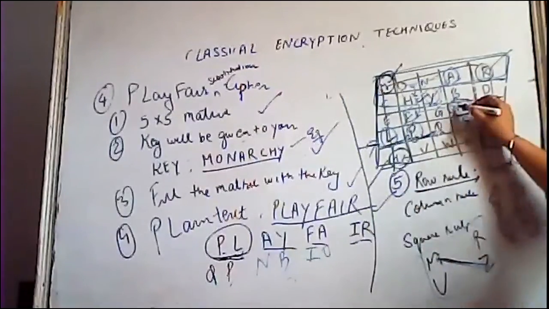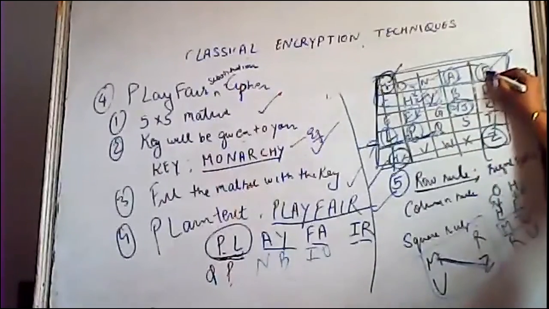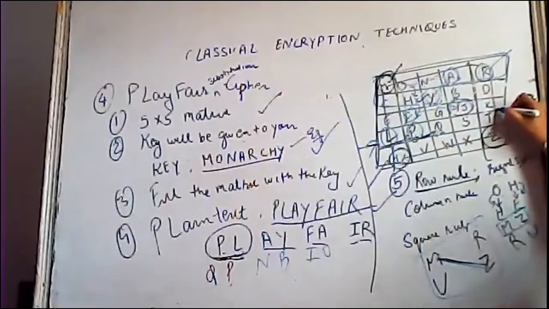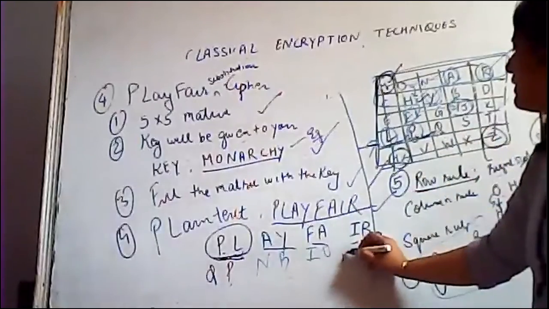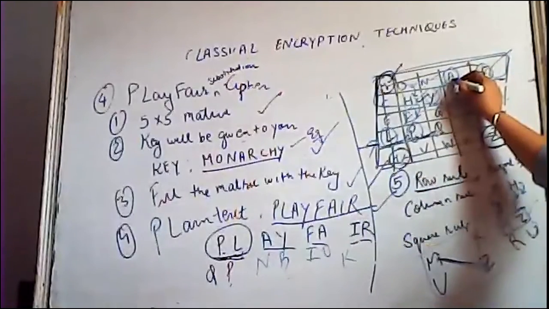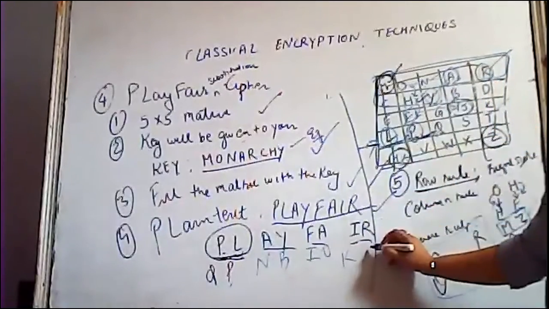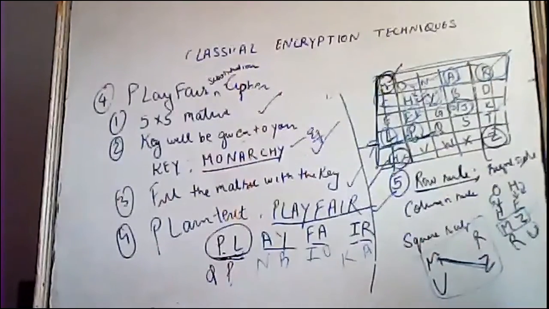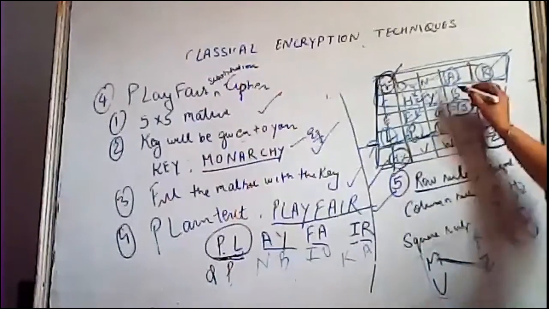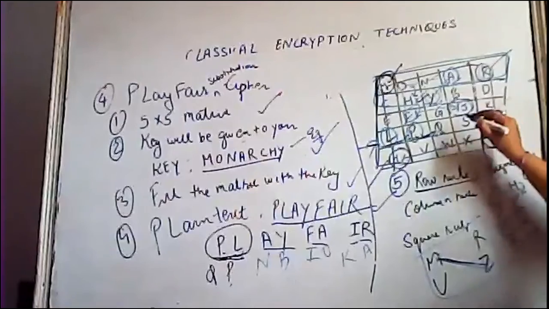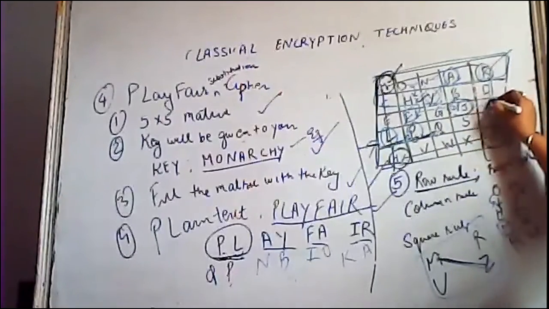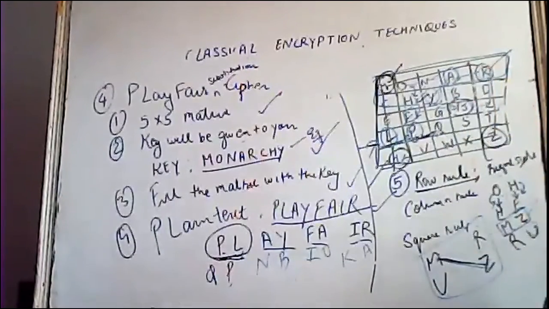I R is there. Here corresponding to I we have K. For our corresponding word to the R it is K. Again we are making that sphere matrix over here like this. Fine.